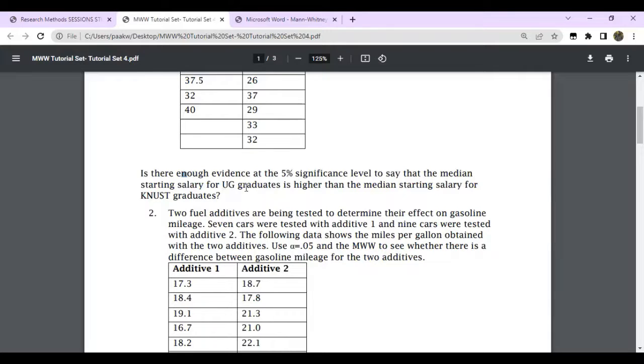Then it means the median starting salary for UG graduates is less than or equal to the median starting salary for KNUST graduates. So there is not enough evidence. Your conclusion would be there is not enough evidence that the median starting salary of UG graduates is higher than that of KNUST. Yes.